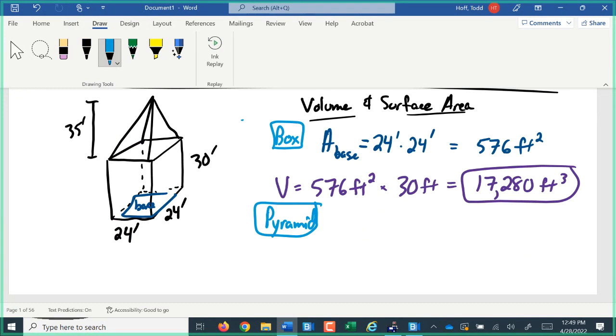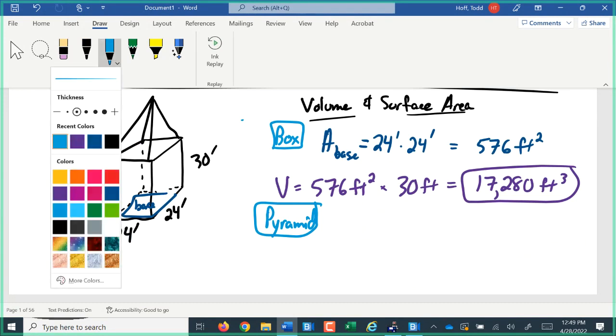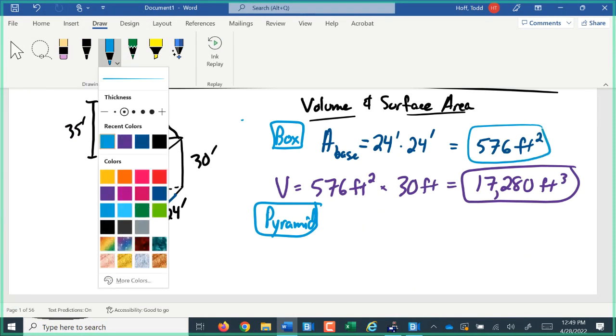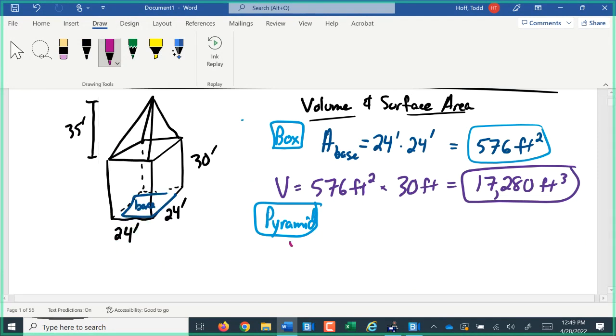Next, we have the pyramid. We already have the base area, it's the same as the base of the box. So how do we go ahead and get the volume of that pyramid, having that area of the base? Break it down. Multiplied by 35, times the height, the 35.